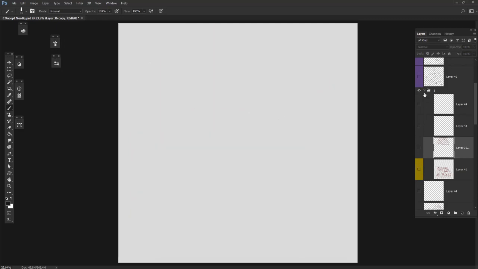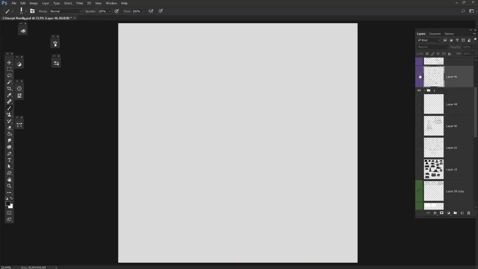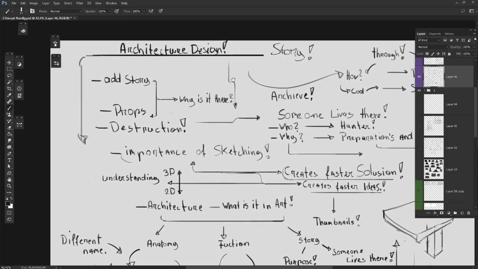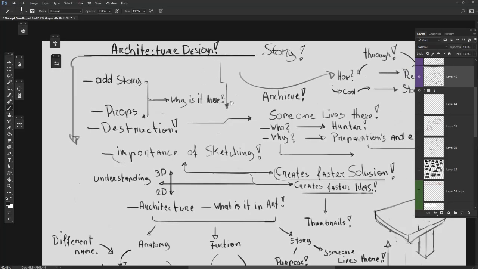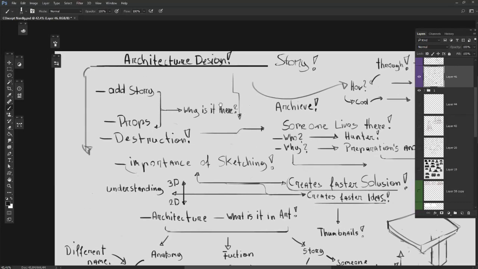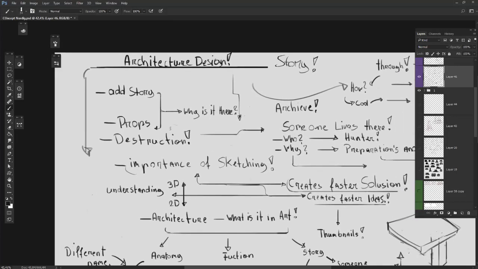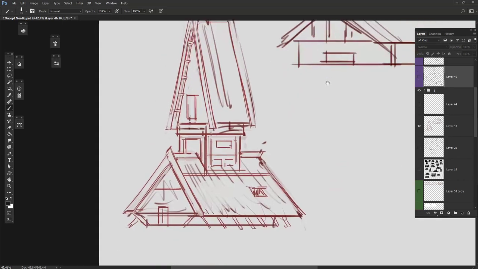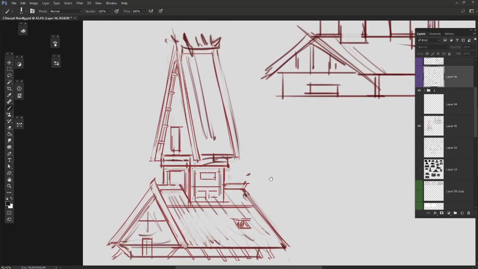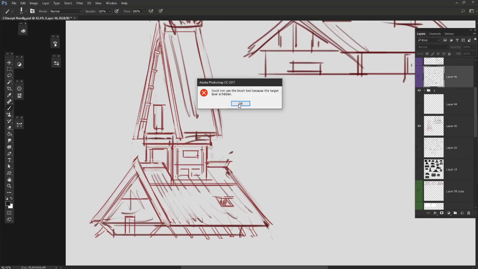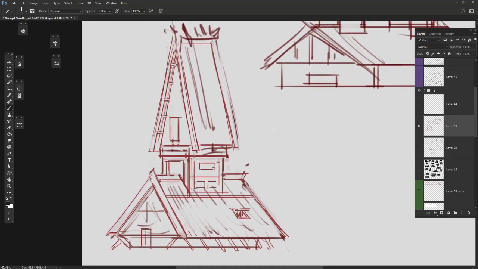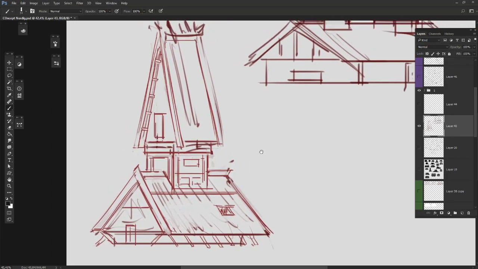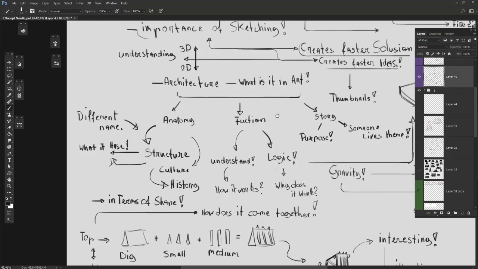So what I'm going to do is explain a little bit about architecture decisions in terms of storytelling and how to add much more story. In terms of story, let me pretend we have only this house. This house looks kind of boring, a little bit cool because of the shape, but we don't know who is living here or who this guy is.